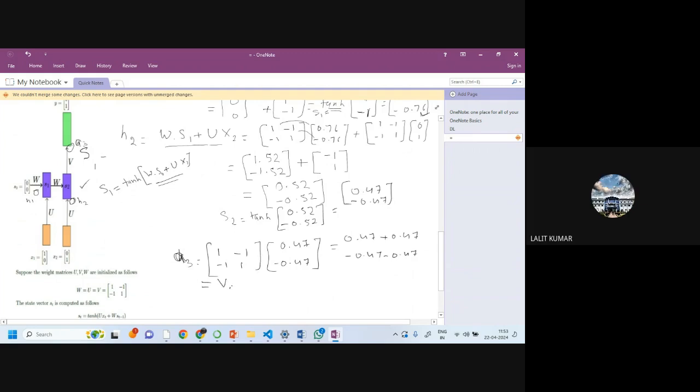V into S2. We have S2 previously and then we multiply with V. So this will become 0.98, minus 0.98. Therefore, y hat is equal to softmax of 0.98, minus 0.98. Now this we can calculate.